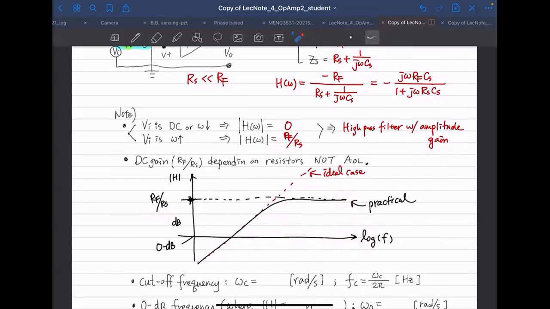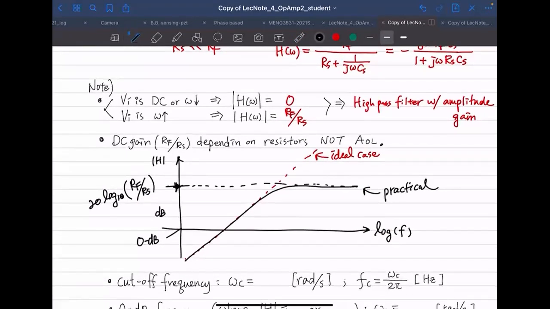But by the way, because we plot that in the unit of decibel, we just convert this into 20 log base 10 of RF over RS. Right? And same thing here. This is the cutoff frequency, and this is the 0 dB frequency.